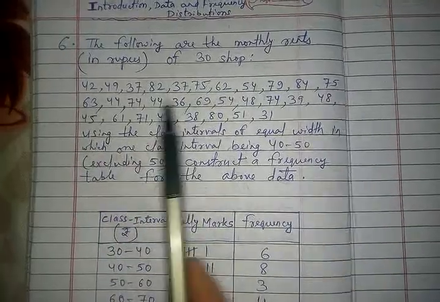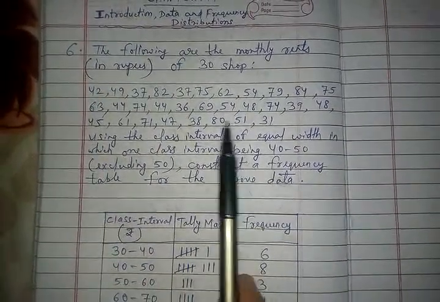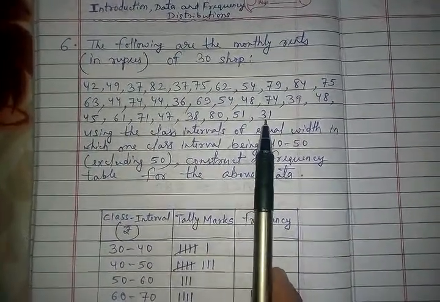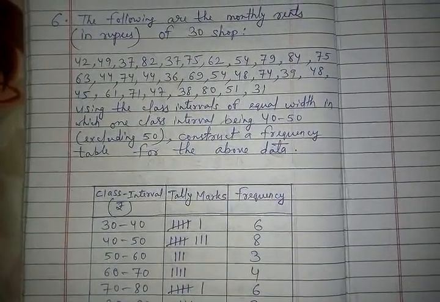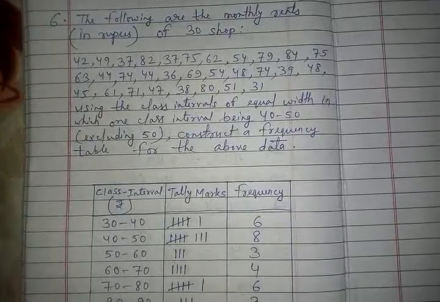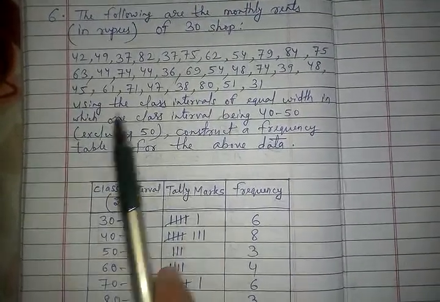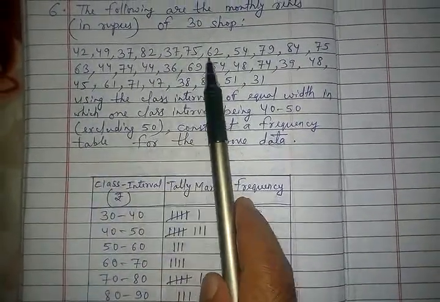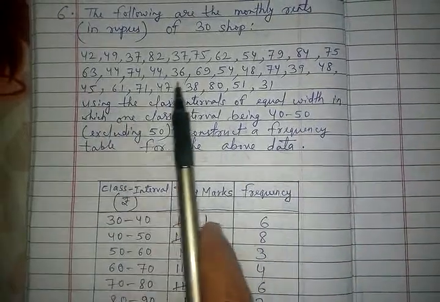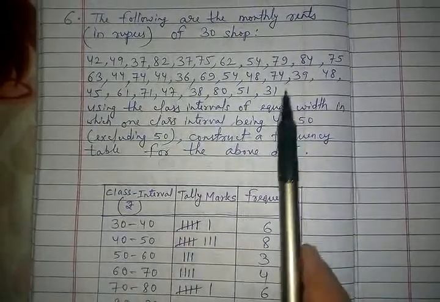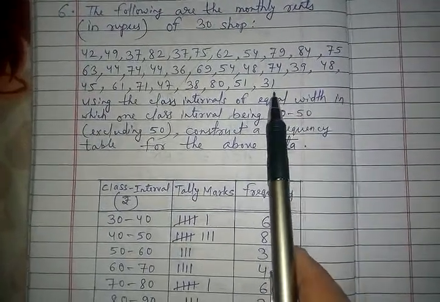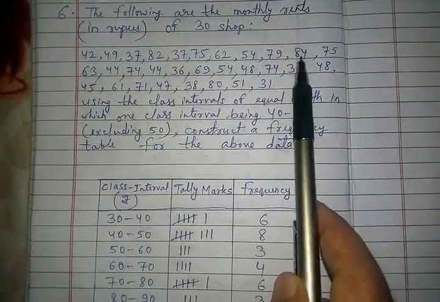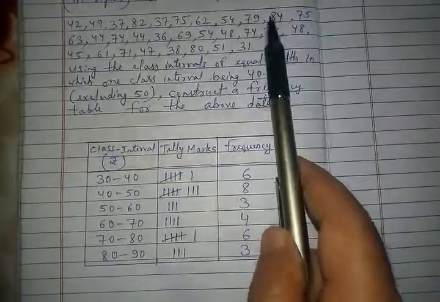So once you start checking, the least value in this data is 31. And now you should also inquire, what is the highest value, sir? Then I can say, if you very keenly see the values, 84 rupees is the highest value. So from the least value 31 and the highest value we have to make this class interval.